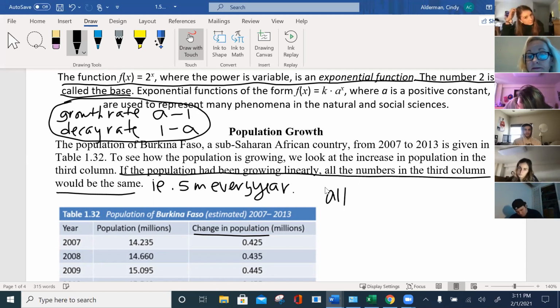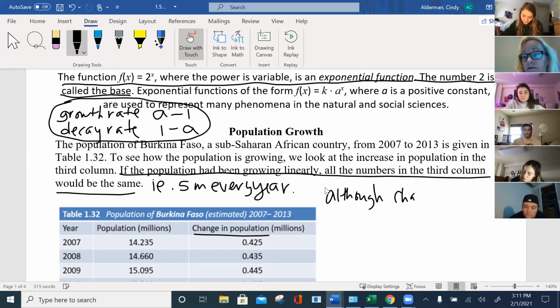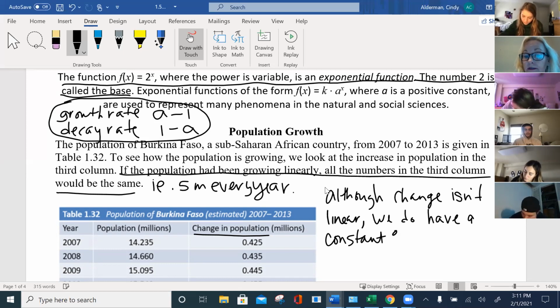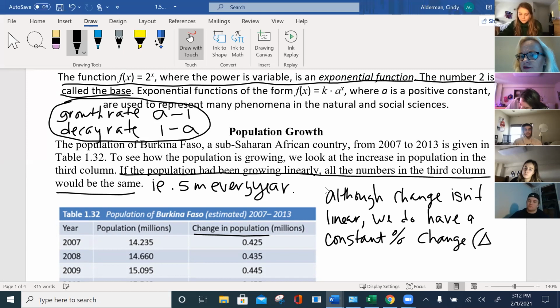Although change is not linear, here we do have a constant percent change. And another way of saying that is percentage change, change meaning the little triangle.